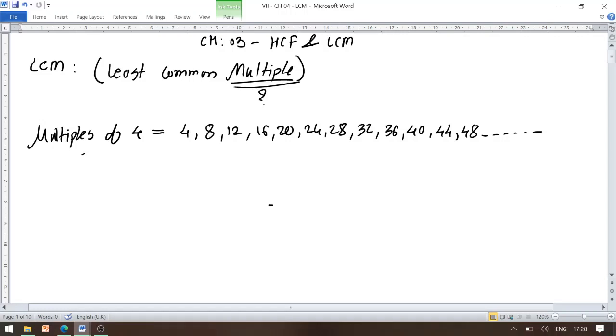Next, suppose we have to evaluate the LCM of 4 and 5. So what does it imply? First of all, note down the multiples of both numbers.